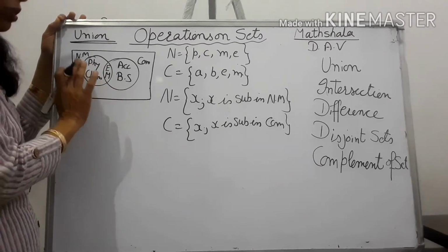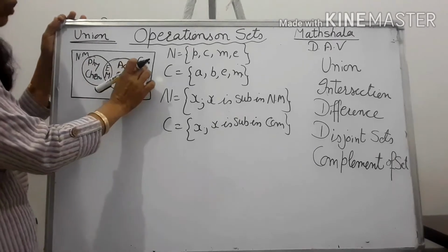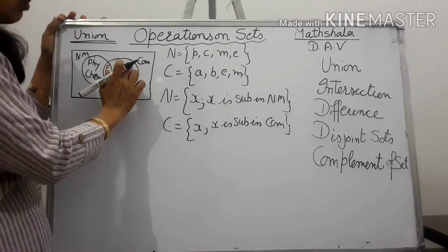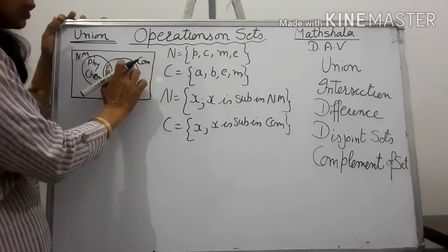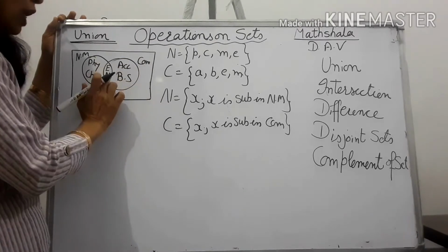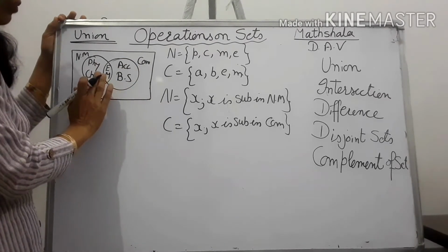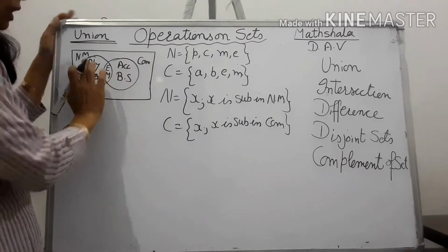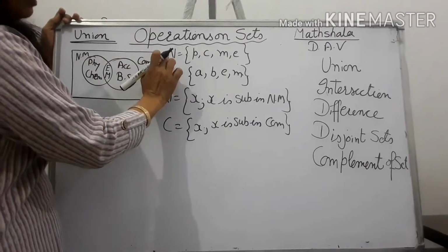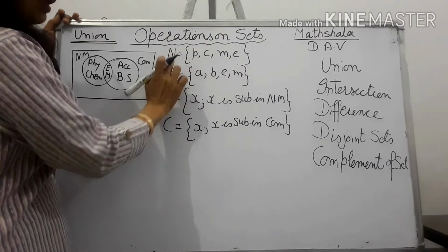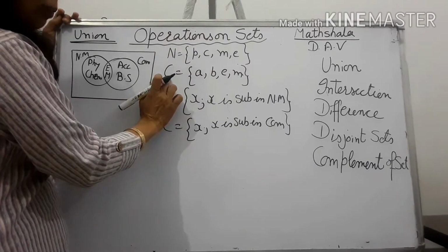These are the four subjects we have in this stream. And in commerce, let us say we have subjects accounts, business studies, English and mathematics. So this is the Venn diagram. Non-medical is represented by capital N, commerce by capital C.